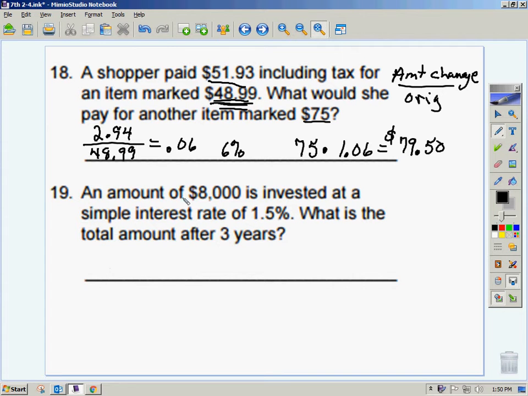Number 19, you'll notice it says simple interest. I equals PRT. Interest equals 8,000 times my rate, 0.015, times my time, 3 years.